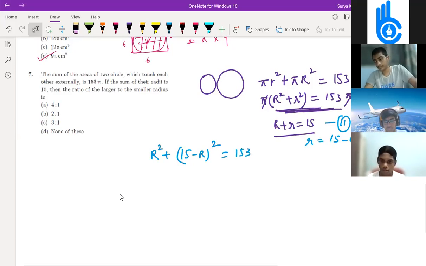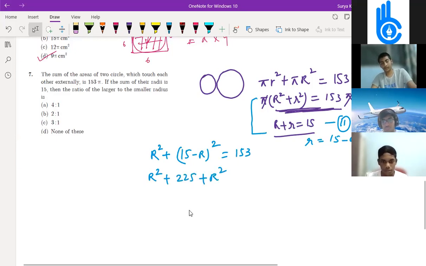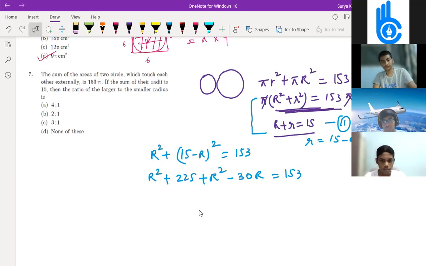Now you can do it. See, this is like two equations, two variables, so you can solve easily. So R square plus 15 15s are 225 plus R square minus 30R is equal to 153. So 2R square minus 30R, and you bring this 153 to this side.